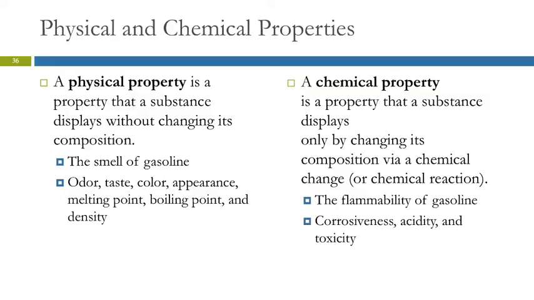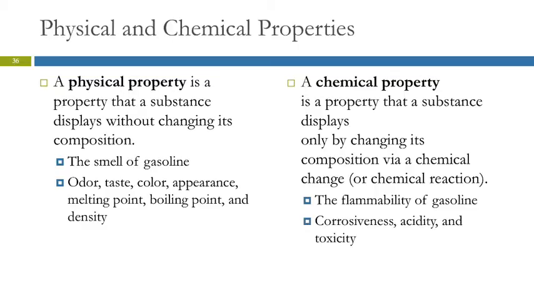When you smell the gasoline, does it change what the gasoline is? No. You're just observing how it smells. The taste of something, the color of something, its appearance, melting point, boiling point, density, those sorts of things. When you determine the physical property, you don't destroy the substance.